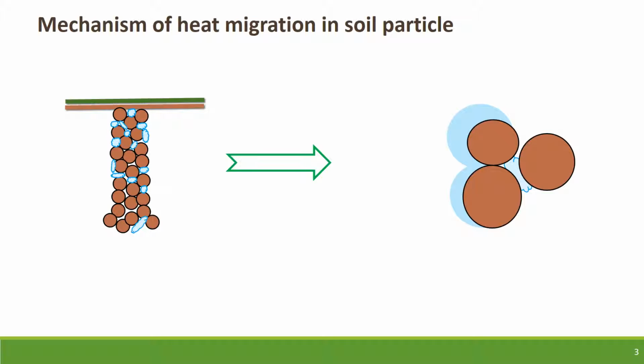Now, if we enlarge 3-4 particles of a soil matrix, we can see that there are 3 soil particles, and adjacent to that we have water molecules. Now first of all there will be a particle-particle conduction. Next there will be a particle-to-particle contact conduction, followed by particle-fluid particle conduction.